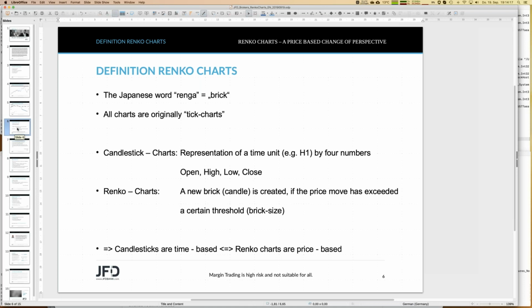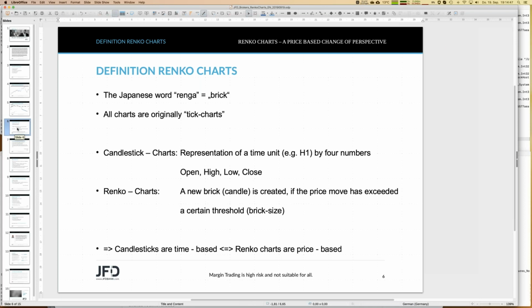Renko charts, on the other hand, are a little bit similar, but the only thing which matters here is the price itself. So wherever we start and we set a brick size of 2 pips, then we have to wait to draw that candle until we first have either a movement to the upside of brick size, let's say 2 pips, or to the downside, 2 pips.